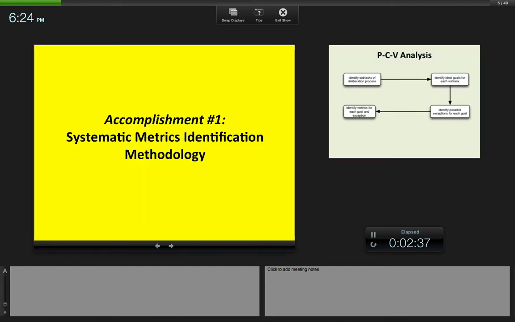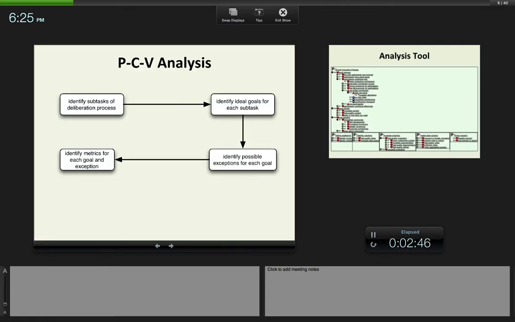So now let's review the accomplishments. The first was a systematic metrics identification methodology. This is based on PCV, or Process Commitment Violation Analysis.